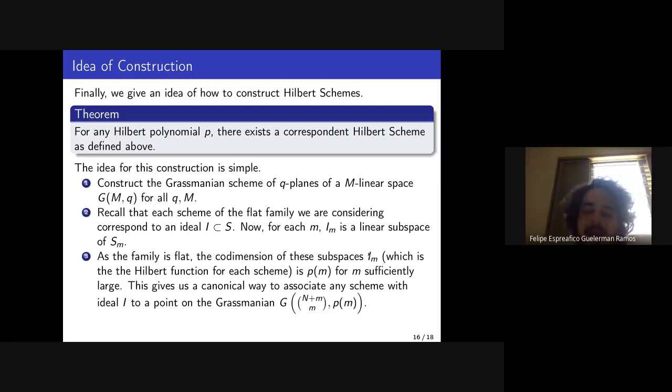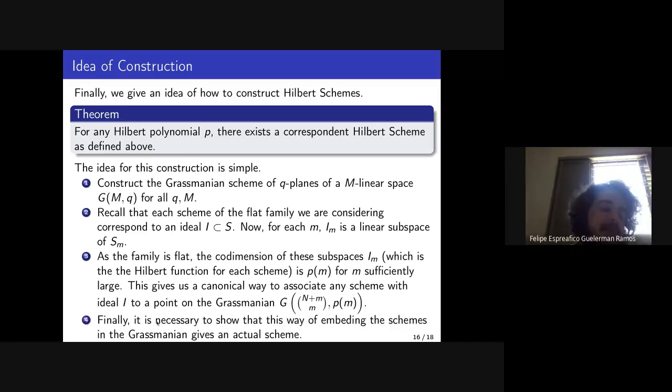We have to make a technical argument to prove that, because the Hilbert polynomial only encodes this for m sufficiently large, and we have to prove that this sufficiently large number does not depend on each scheme. This can be uniformized for all schemes in the family. This is a technical argument, but it can be done. And then we can associate every scheme to a point in the Grassmannian.